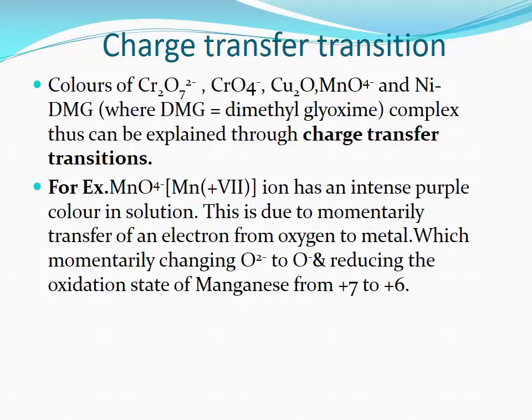That is, O2- changes to O-, and thus reduces the oxidation state of manganese from +7 to +6. Now manganese in the +6 oxidation state possesses 1 unpaired electron in the valence orbital, and thus it forms an intense purple color in the solution.